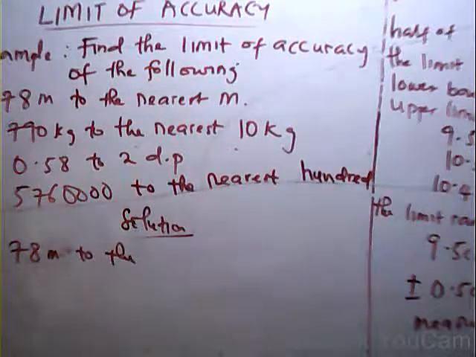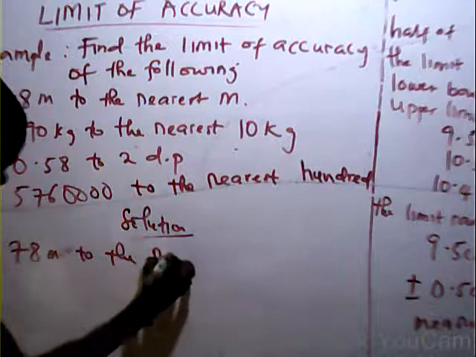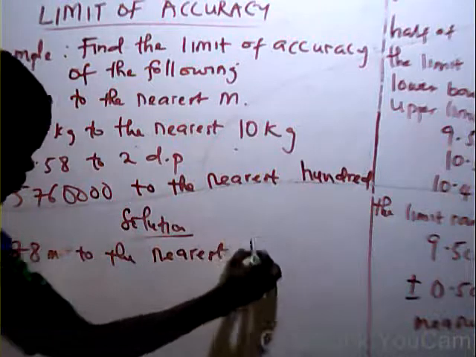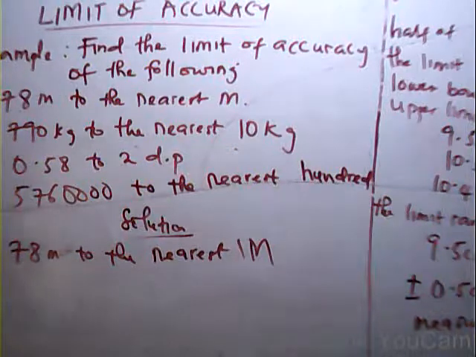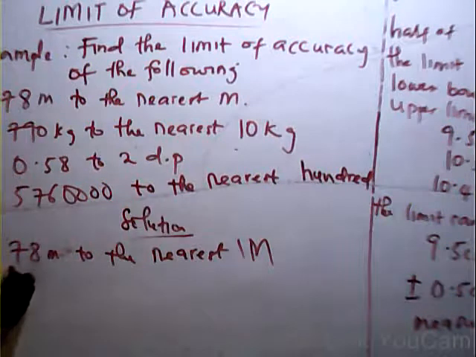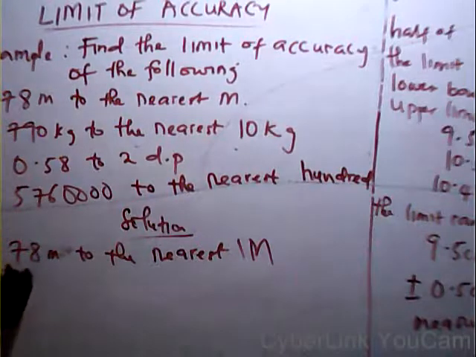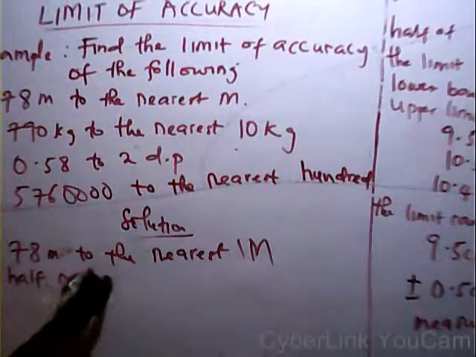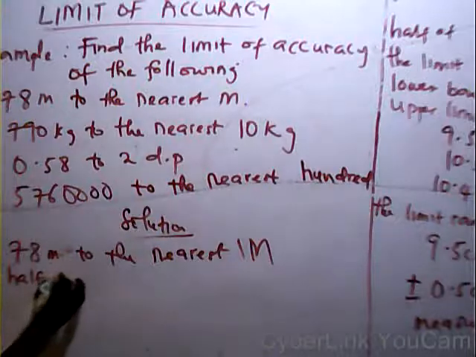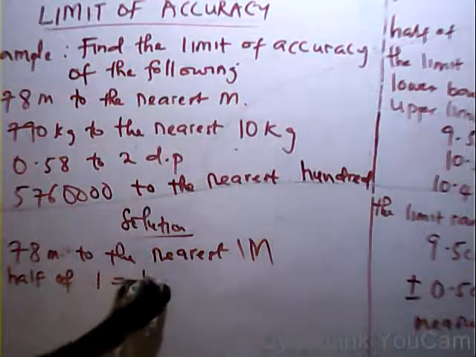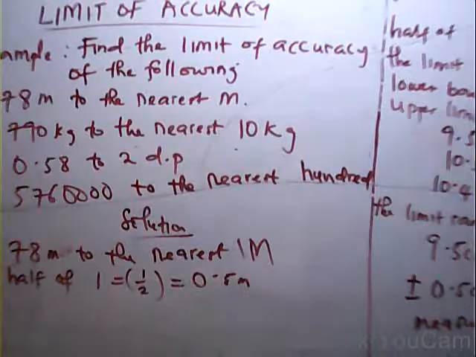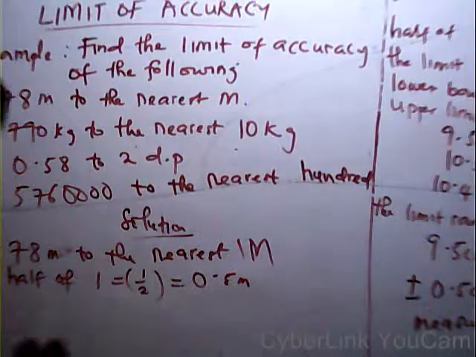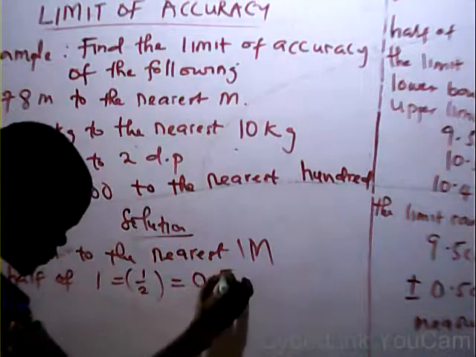The nearest meter means the nearest 1 meter, so half of that is 0.5, which is 1 over 2. So half of 1 is 0.5 meter.